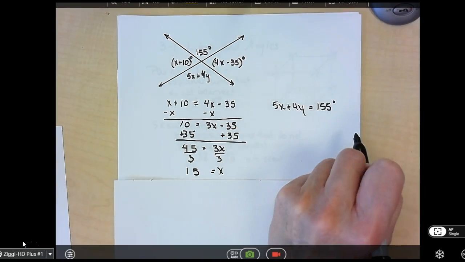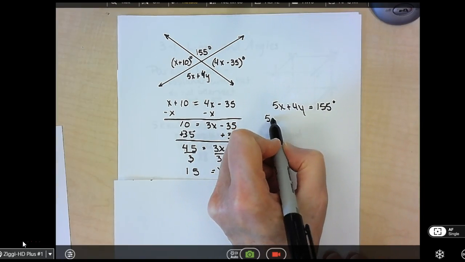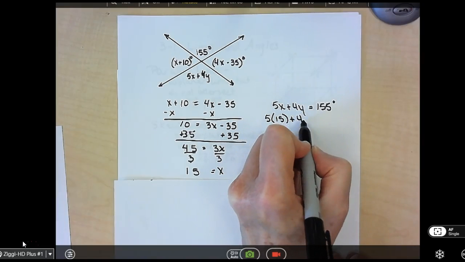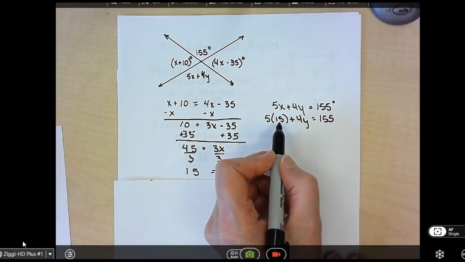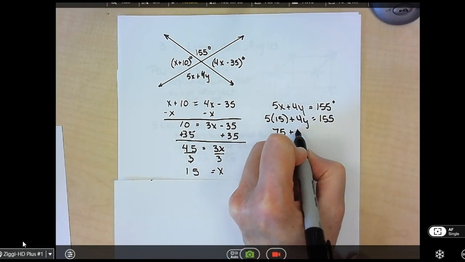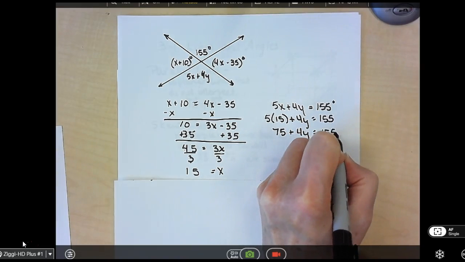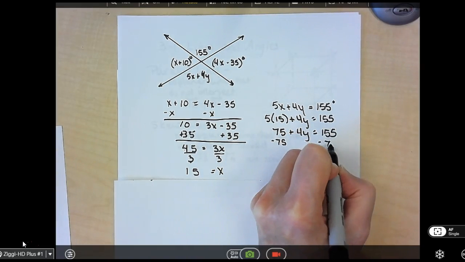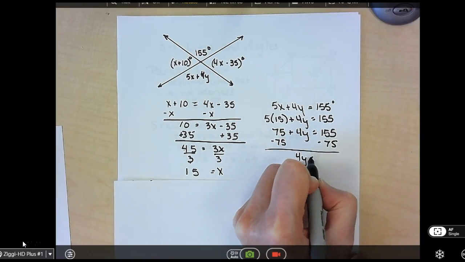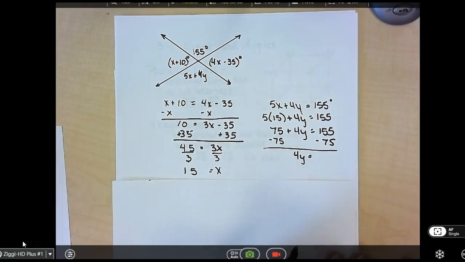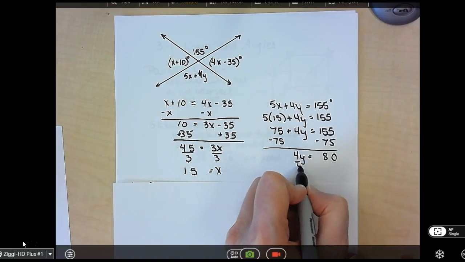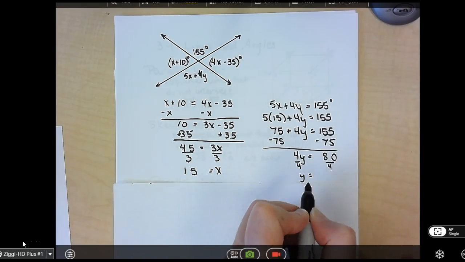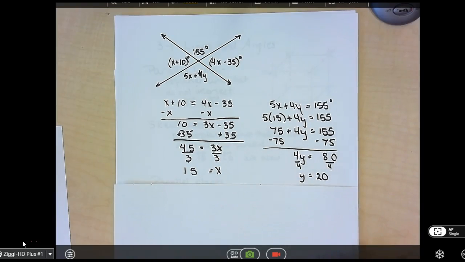So I take 15 times 5. After I substitute in, I better show that step. 5 times 15 is 75, so that's 75 plus 4y equals 155. Subtract the 75. So 155 minus 75 is 80. Divide by 4. y equals 20. Now I found both x and y, and you may start your homework.